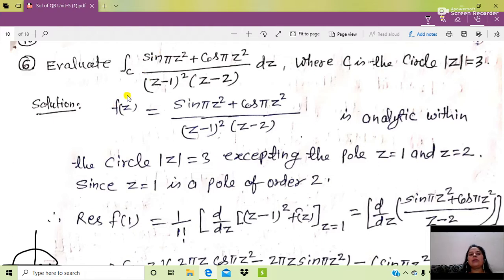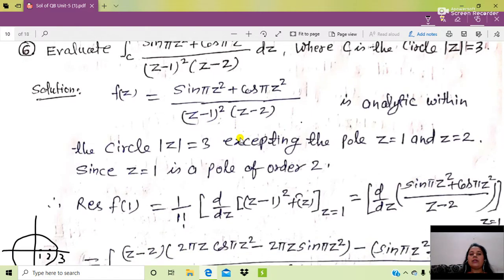So let f(z) be (sin πz² + cos πz²) upon (z − 1)²(z − 2). Now to calculate the integration, we have to find the poles, and to find the poles we put the denominator equal to 0.